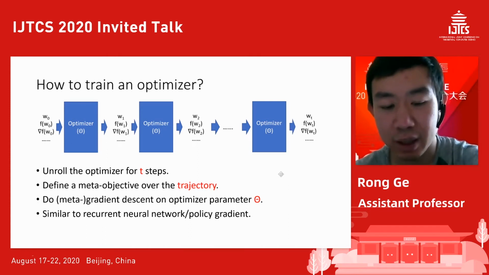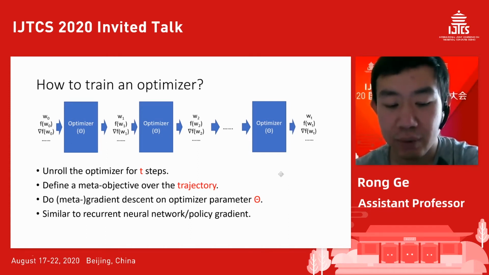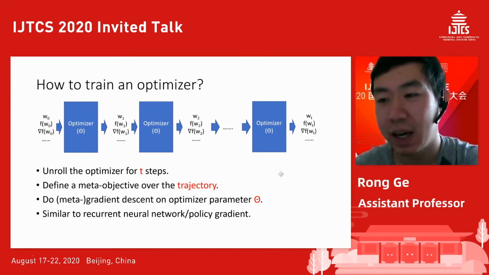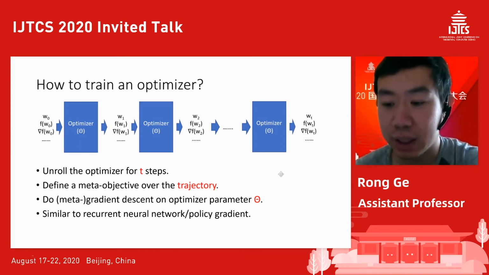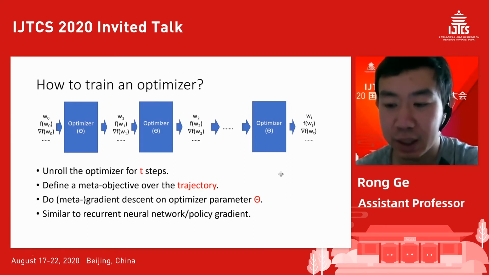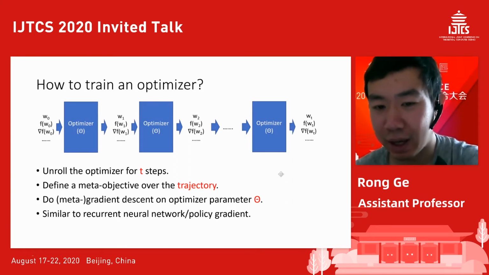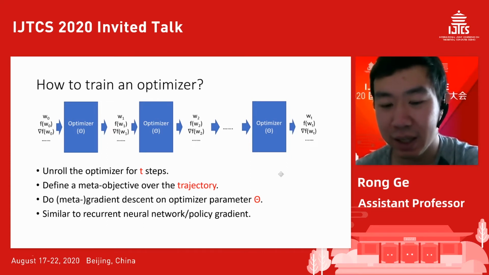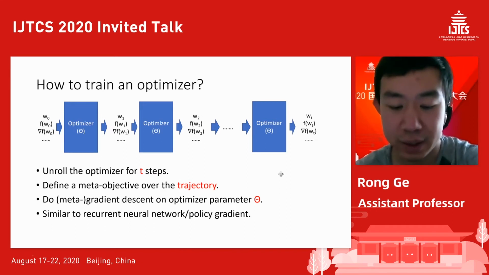It is very similar to doing the gradient for a recurrent neural network, because you can think of this optimizer as one layer of your recurrent neural network. So all of these layers share the same parameter theta. And when you do the gradient, the theta actually influences all of the steps in your optimization.